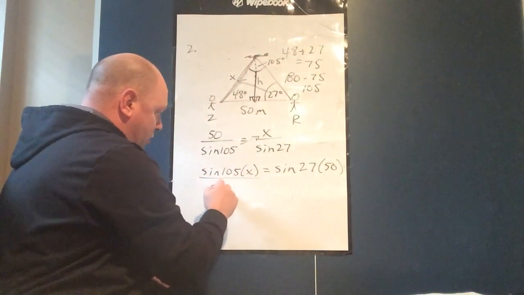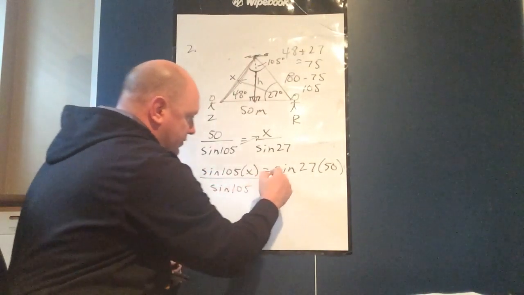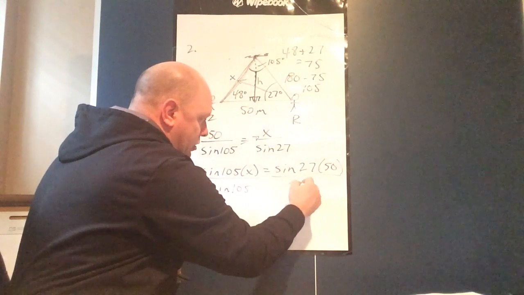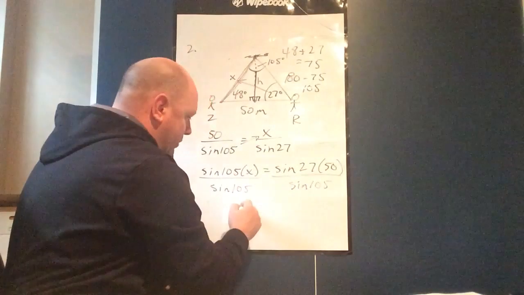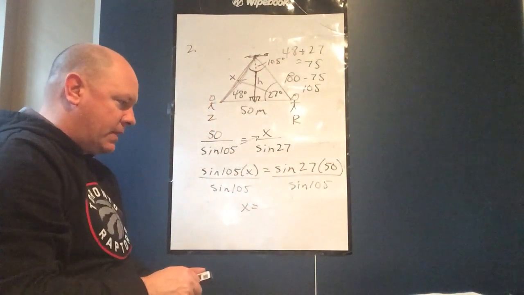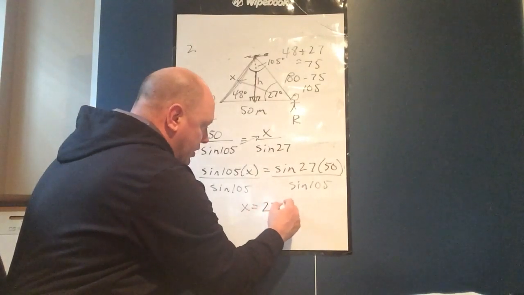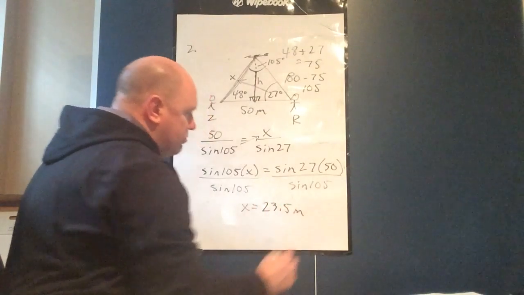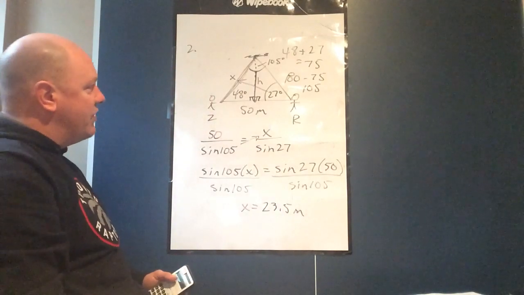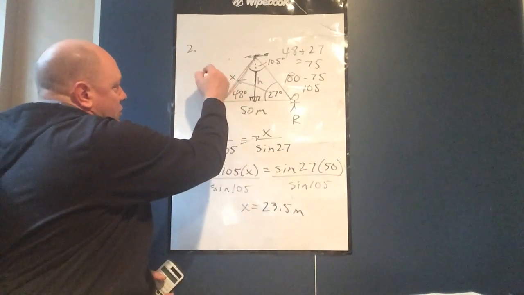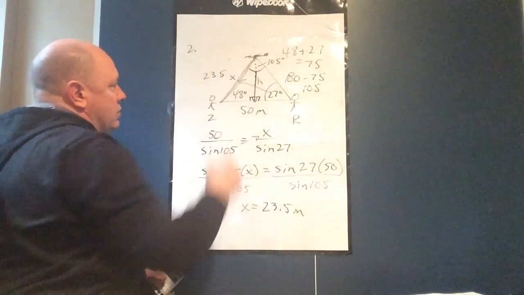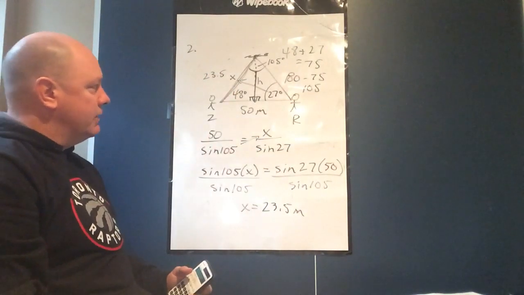Divide both sides by sine 105, and I get my x value, which is 23.5 meters. Okay, that's what I want right there.